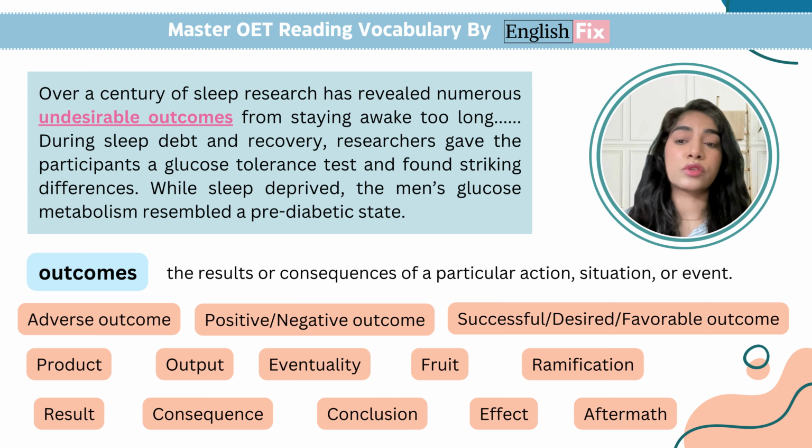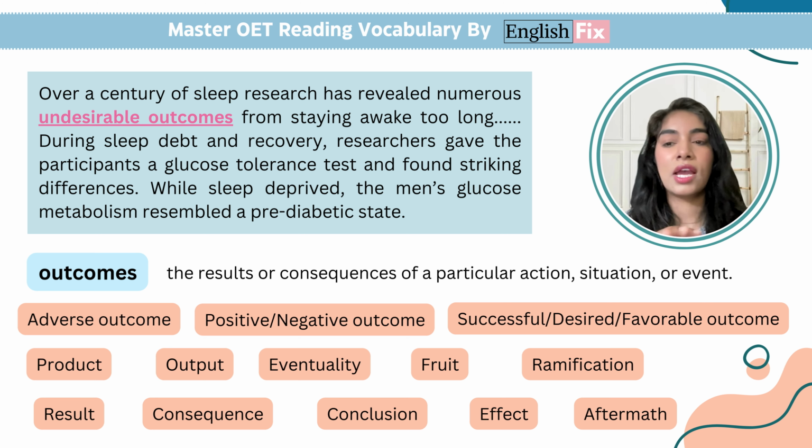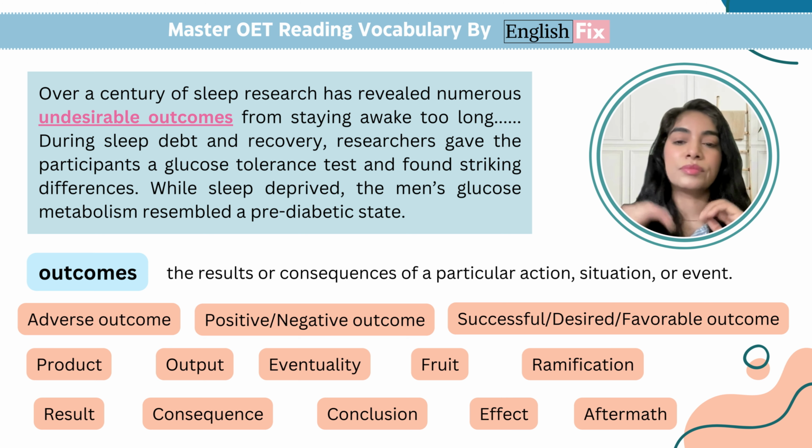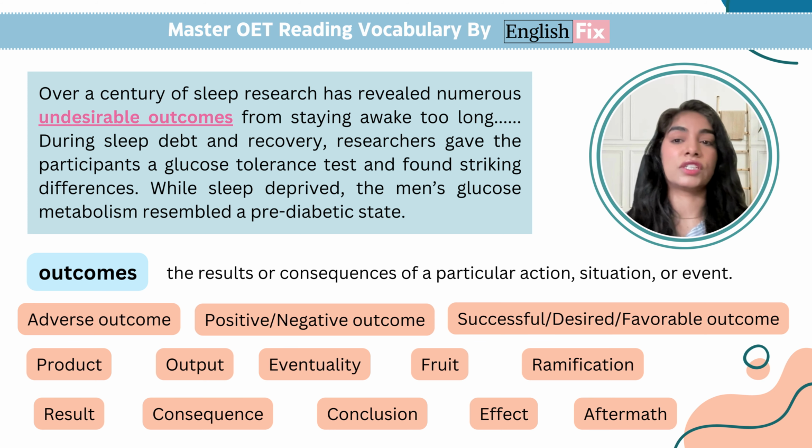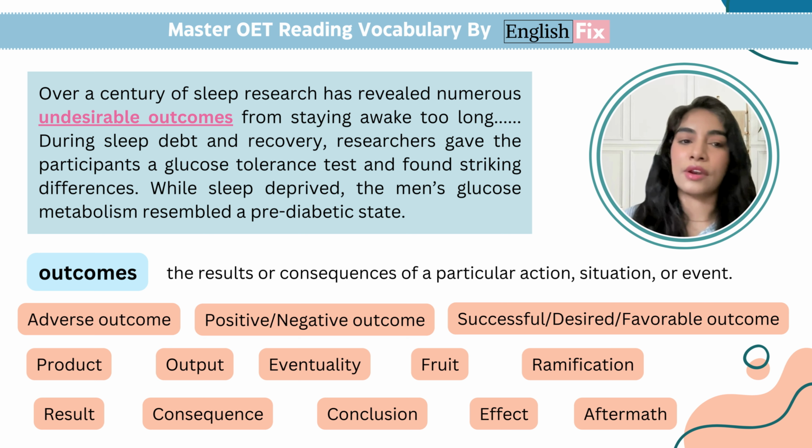And you can also use consequence, result, conclusion, effect. These are the most common ones that you see in your OET reading. And apart from these, what are some other collocations that are very commonly used in your reading paragraphs? Just like in the paragraph we have in front of us, it says that the sleep research revealed numerous undesirable outcomes.